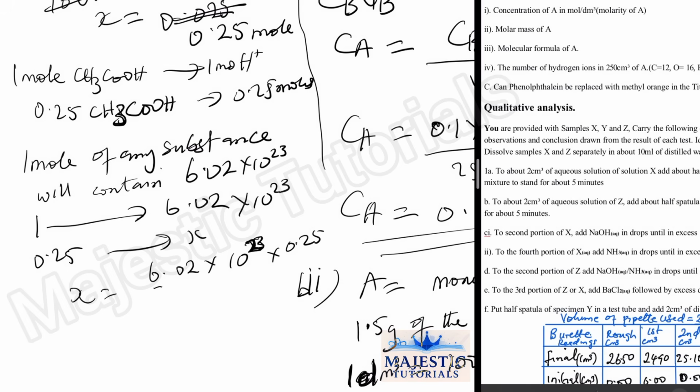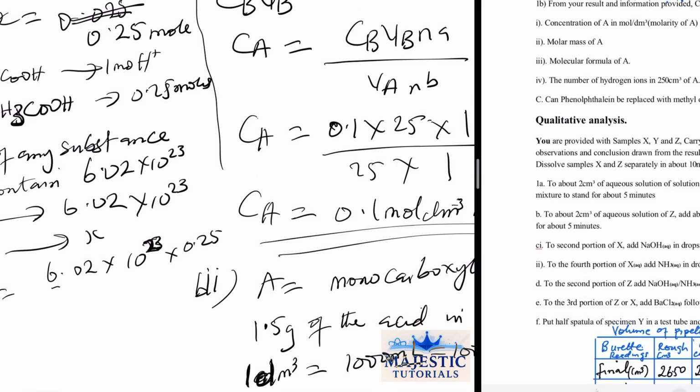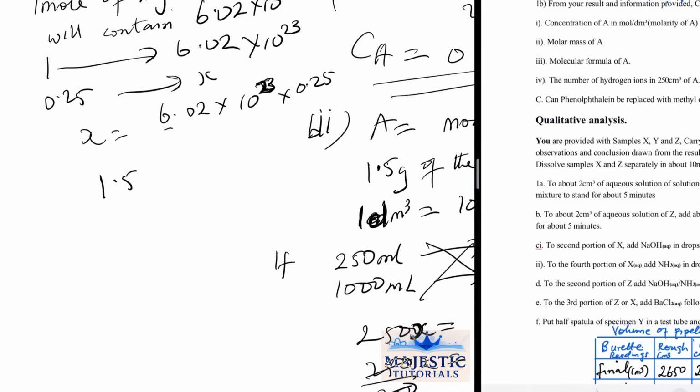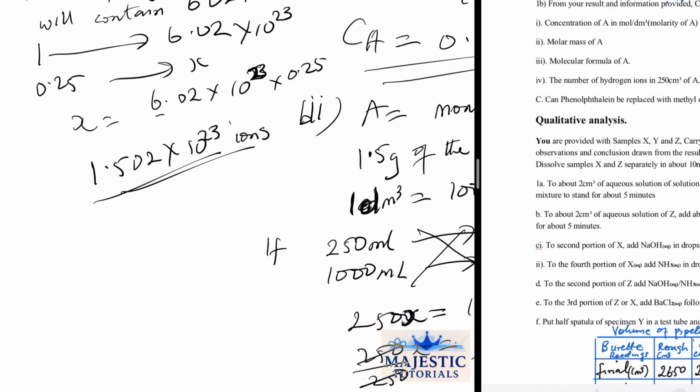So 6.02 divided by 4 is 1.505. 1.5 might not be too accurate, but 1.505 times 10 raised to the power 23 ions should be the expected answer. Then use a calculator here.